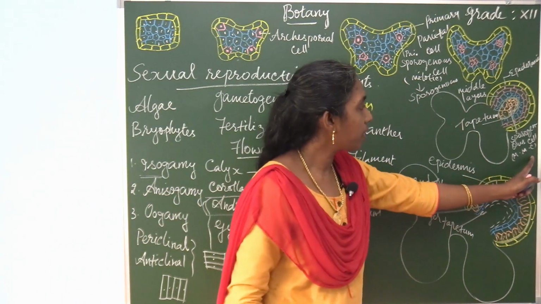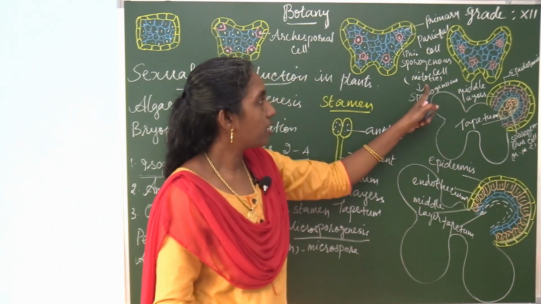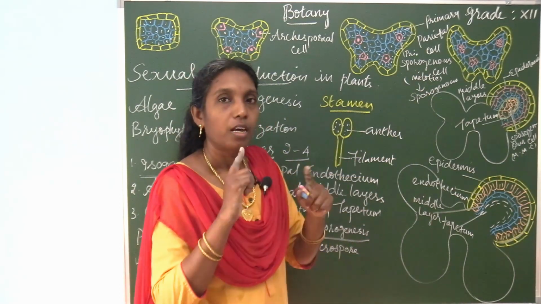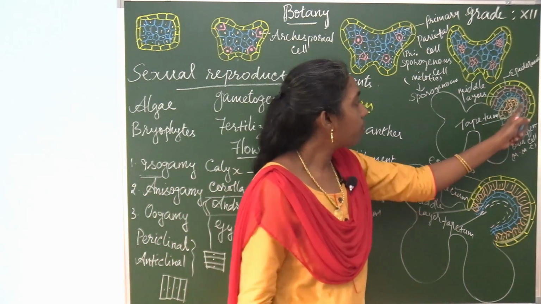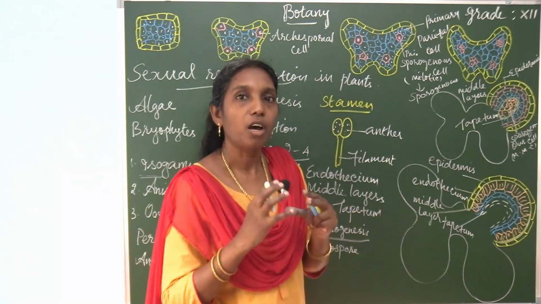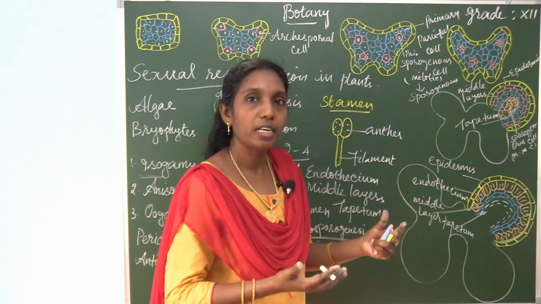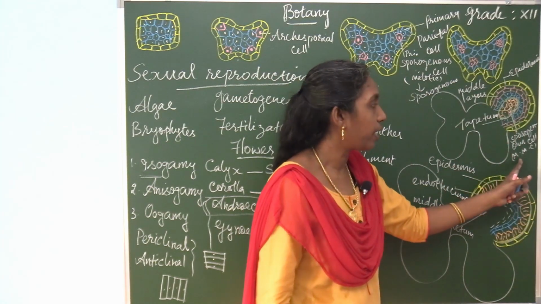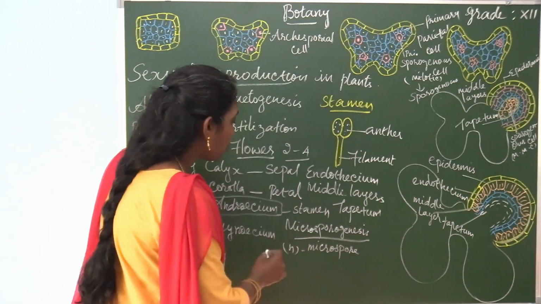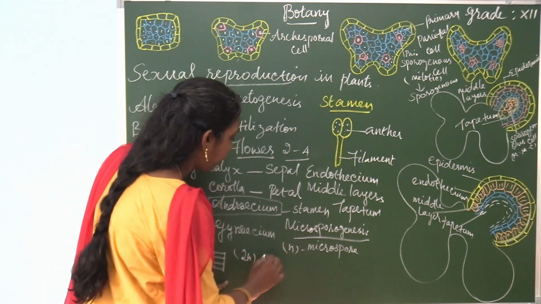How does this microspore mother cell form? From the primary sporogenous cell, mitotic division takes place, so it becomes sporogenous tissue. Now, the last generation of sporogenous tissue becomes the microspore mother cell. This microspore mother cell is diploid, 2N.